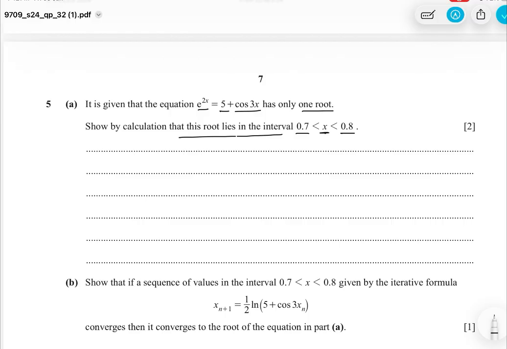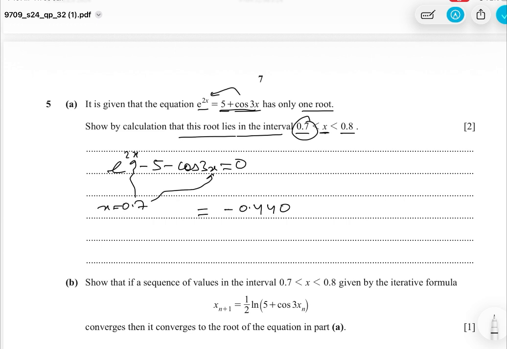All right. So what we can do is take all of this to the left hand side. This would be e to the power 2x minus 5 minus cos 3x equals 0. You can substitute the value 0.7. If we put x equals 0.7 in our calculator, you will get the answer as minus 0.440.